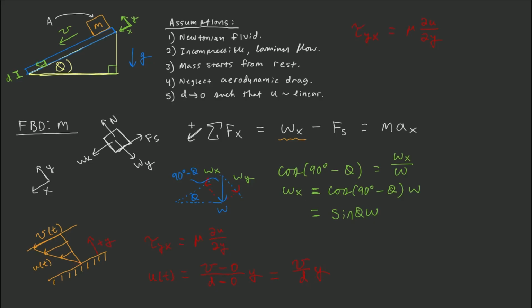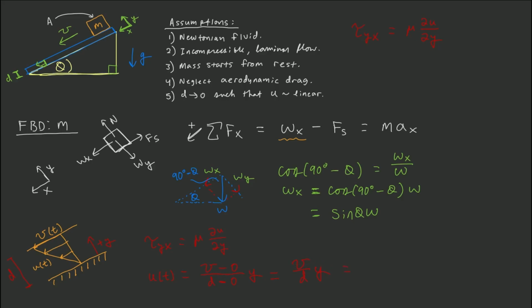Now at y equals d, so we go across this gap width, remember, this is d, d cancels, and our velocity is big U. And we've already assumed a linear fluid velocity profile, and therefore this is a straight line from 0 to big U, which is exactly what we've outlined. So this is the velocity profile little u.